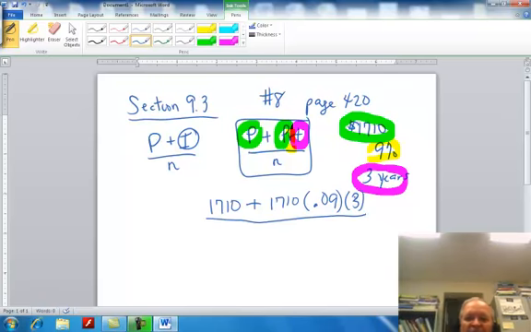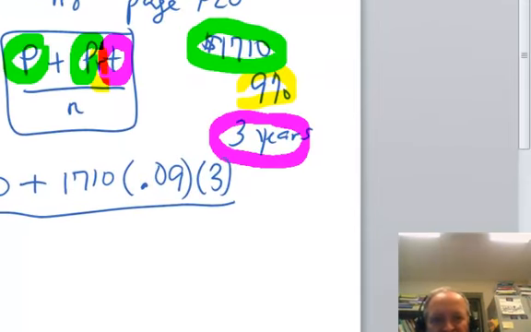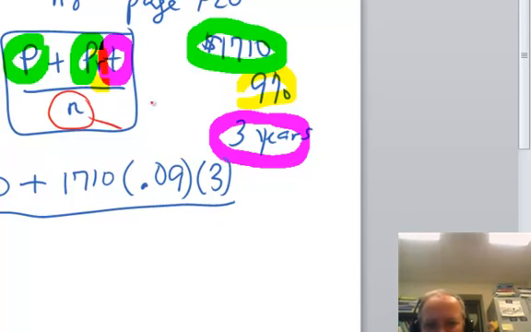But remember, these are monthly payments, so you're going to have a slightly different situation when you get to the N in the denominator. That N is going to be standing for the number of months.